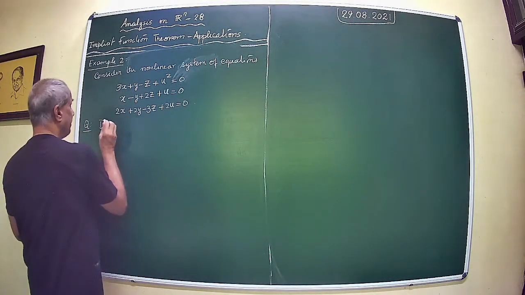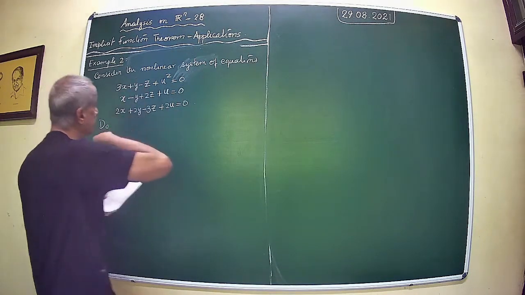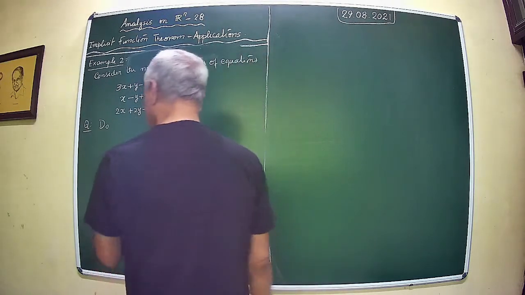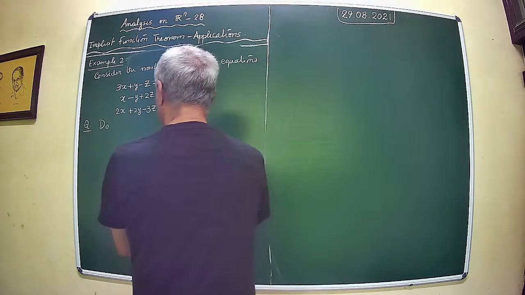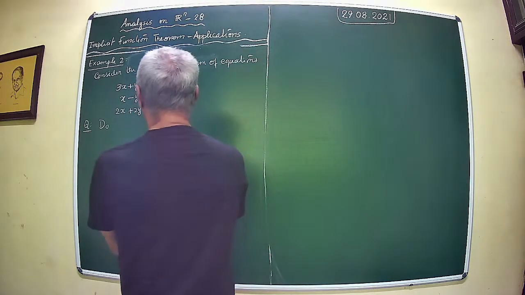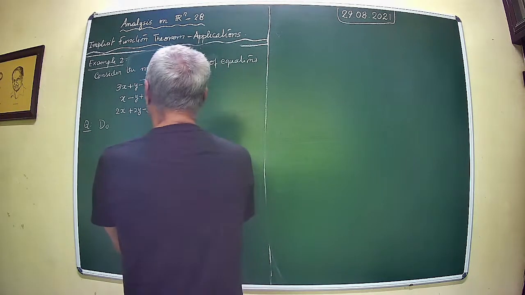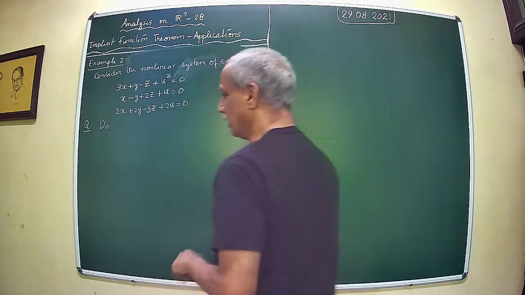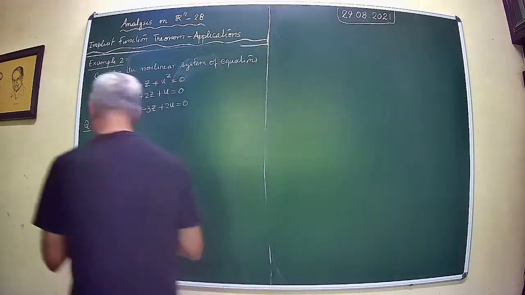So otherwise, suppose you have to solve this for x, y, and u in terms of z, say, or x, z, and u in terms of y, or y, z, and u in terms of x, then you are working on a nonlinear system. Okay.